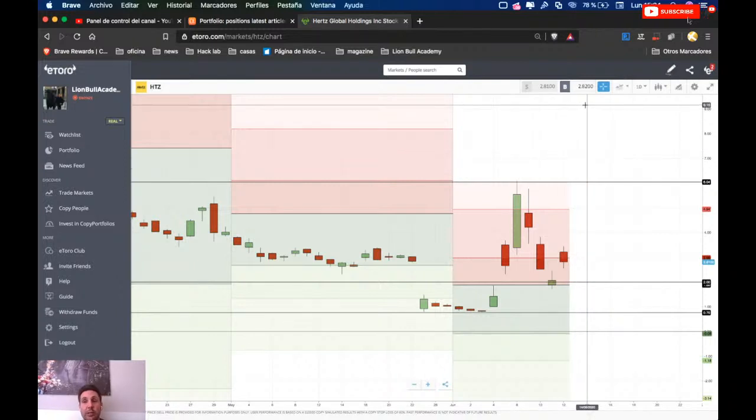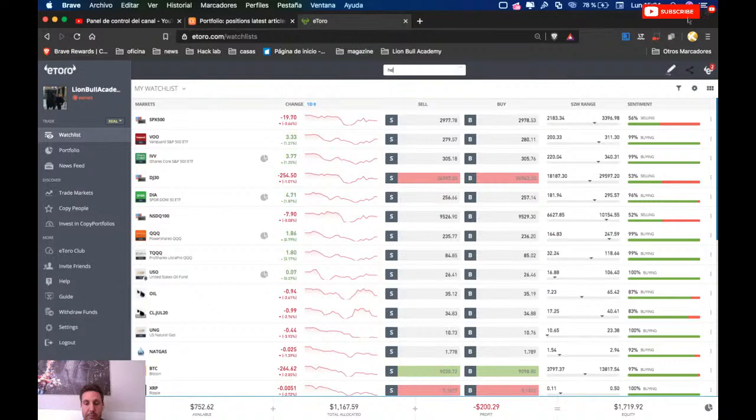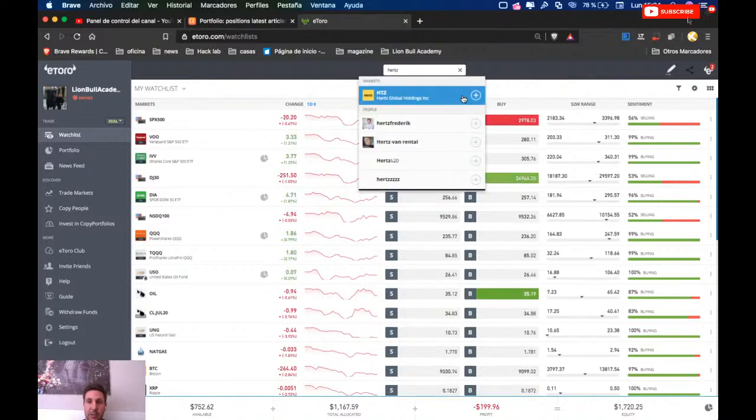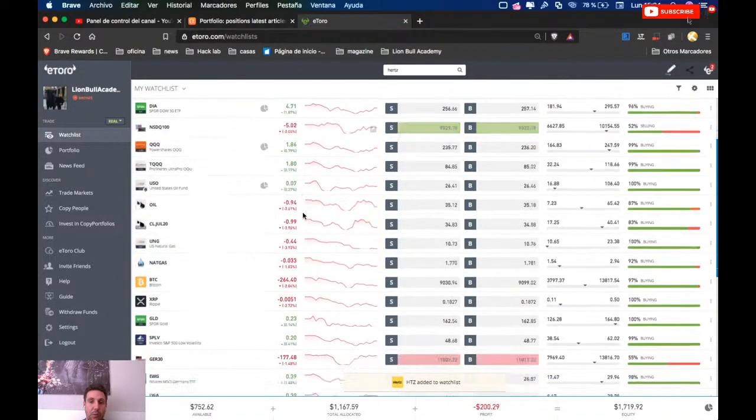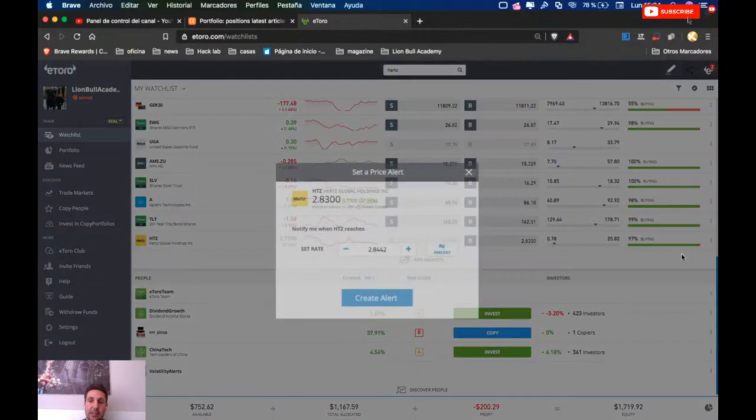So how will we enter the market like that? If we are, for example, not at the computer, it's very simple. You go to your watch list and add Hertz. Somebody in the Italian chat asked me about that. When you have added Hertz, you go to these three buttons here, click, and then set a price alert.